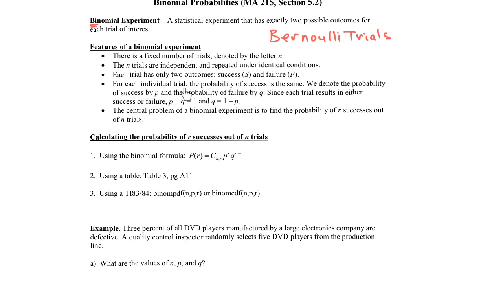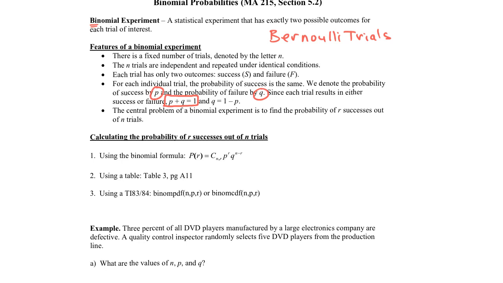For each individual trial, the probability of success is the same. We denote the probability of success by P. The probability of failure is Q. Since each trial results in either success or failure, we know that P plus Q has to be 1, because in this experiment there are only two outcomes.